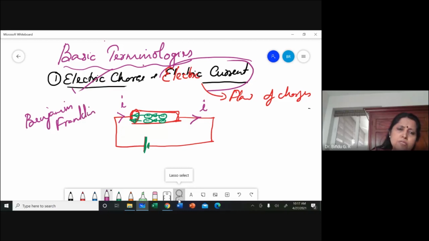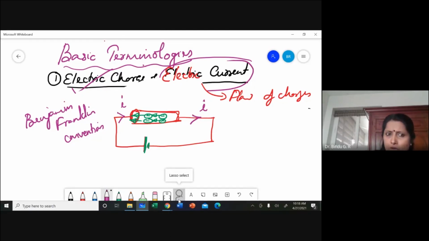Benjamin Franklin was a very intelligent scientist who came forward with the concept of current, and you know how he did some experiments with lightning, etc. So this is a convention that was put forward by Benjamin Franklin, and it is universally accepted that if electrons move to one direction, our conventional current will be flowing in the opposite direction.